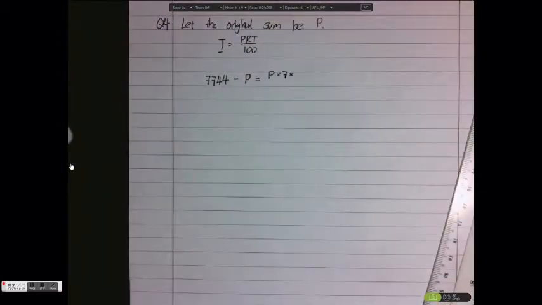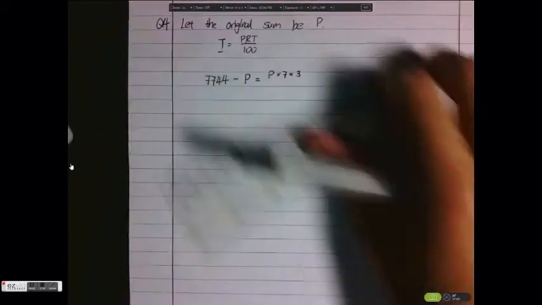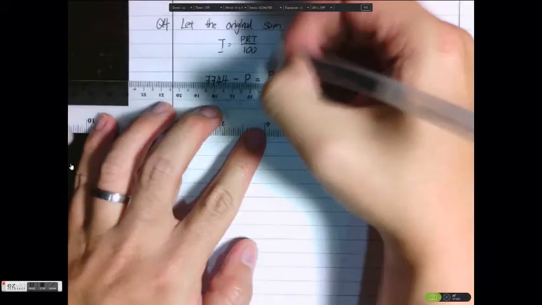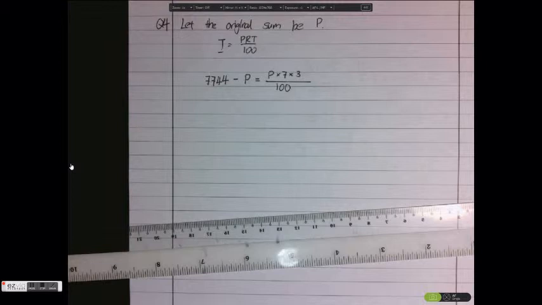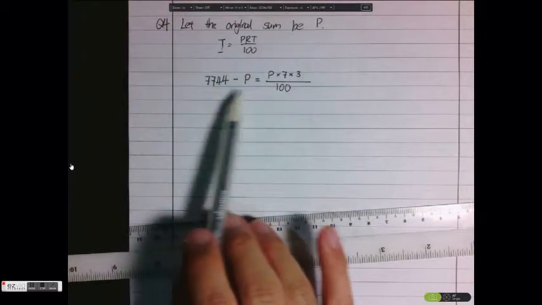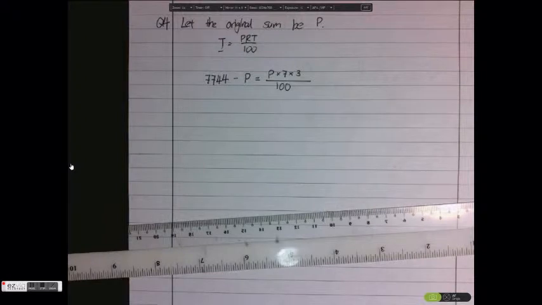The T they tell us is 3 years, divided by 100. Alright, so you're clear how I get this? Interest is simply PRT over 100.